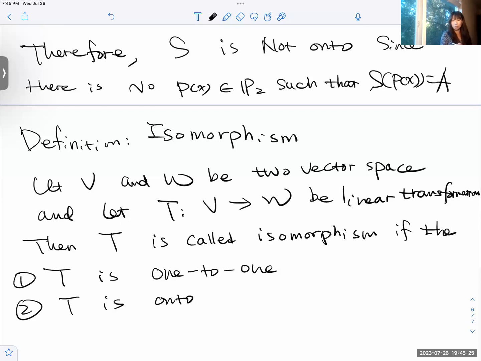So 1-to-1 and onto, but T must be a linear transformation. If T is a linear transformation, onto, and 1-to-1, then it is an isomorphism. Okay. All right.